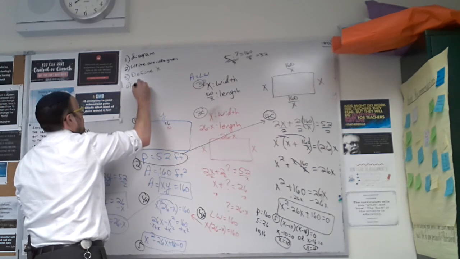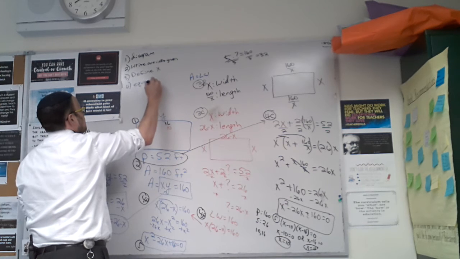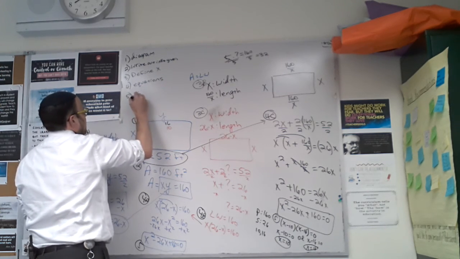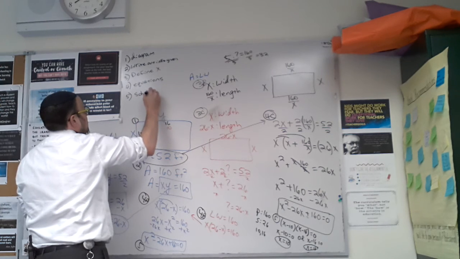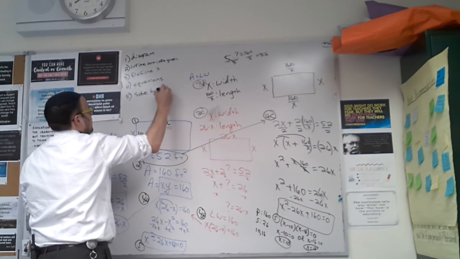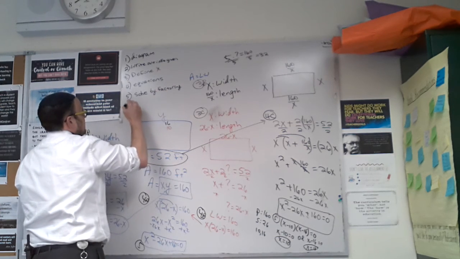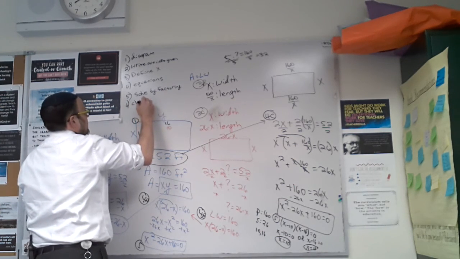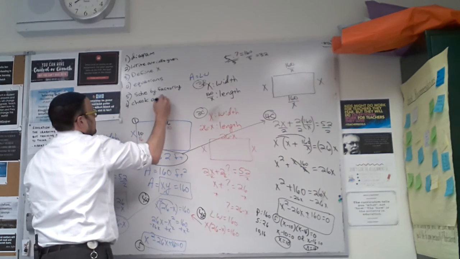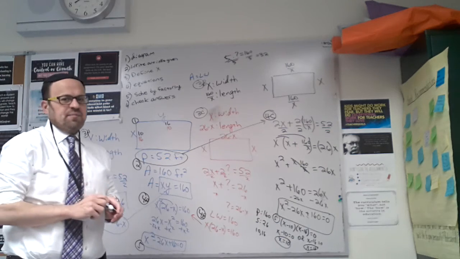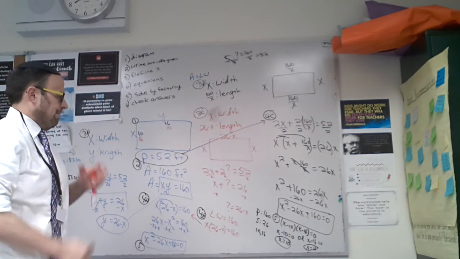Step 4, create your equations. And step 5 is solve by factoring. And really, step 6 is check your answers. Make sure they're correct and make sure they are valid.